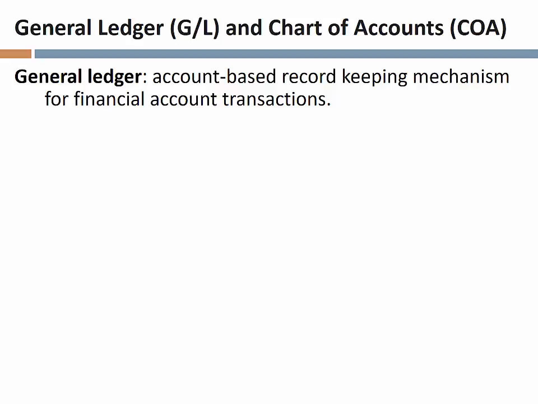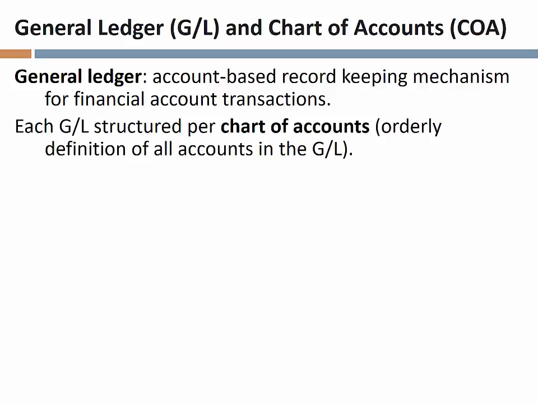When you hear a company talk about their books, what they're really talking about is their general ledger, because if we trace this back through history far enough, before computers, these were actually records that were kept in physical books for the sake of doing financial reporting. So our general ledger is this account-based record-keeping mechanism for keeping track of our financial accounts.